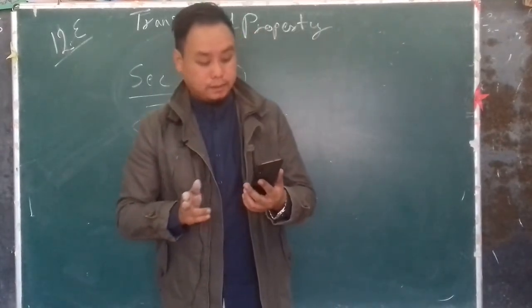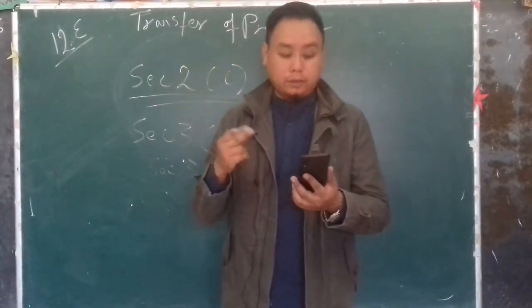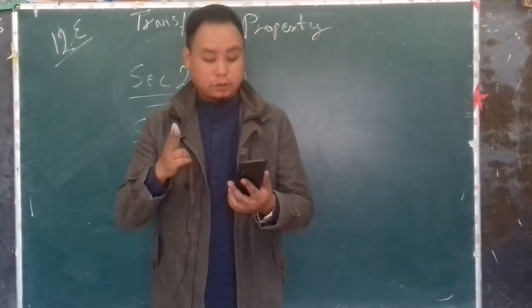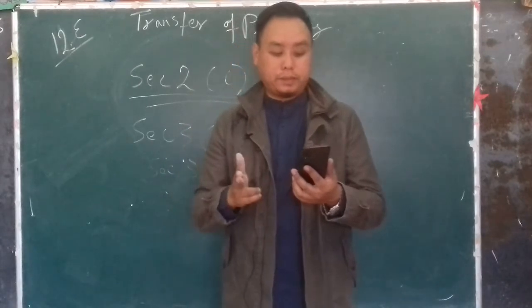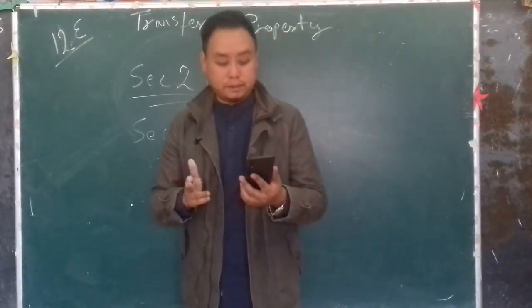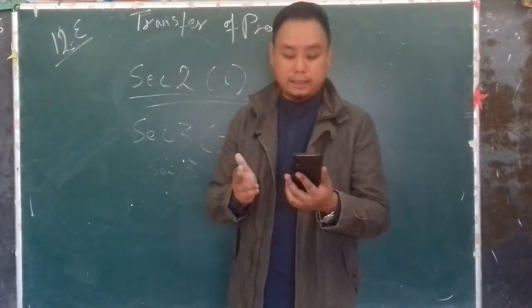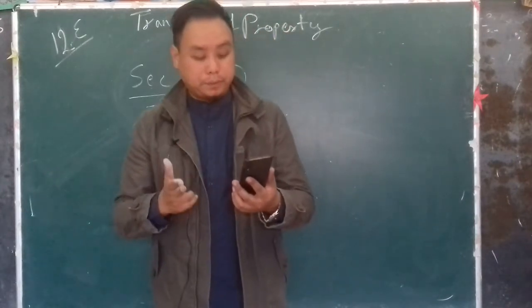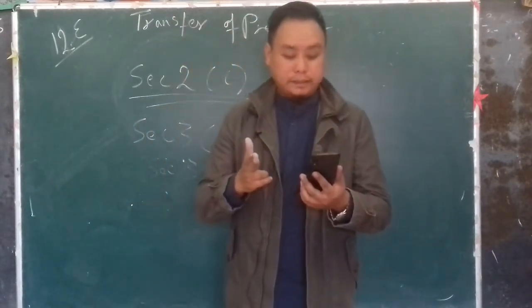Now another one is, the transfer must not offend the rule against perpetuity. What this means is, section 14 of the Act highlights the rule of perpetuity. Perpetuity literally means eternity and infinity.